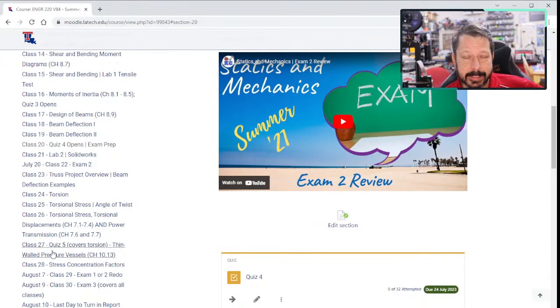The first third, exam 1, is all the axial stuff. The middle third for exam 2 is the flexural stuff. And then the last third is torsional and other topics mixed in. And that's exam 3. So we're up here at quiz 4 opening.